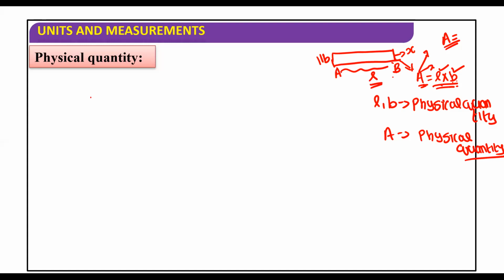So the area of any structure cannot be directly measured, but it can be measured indirectly using the other two physical quantities. There are physical quantities that are directly measurable and indirectly measurable. Now there will be a definition, so I want you to write it.